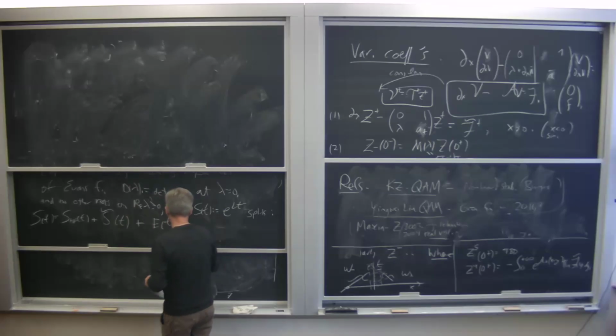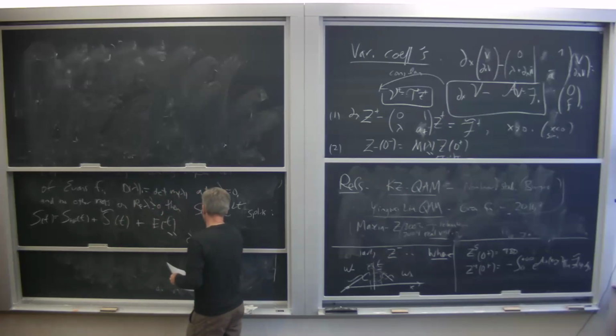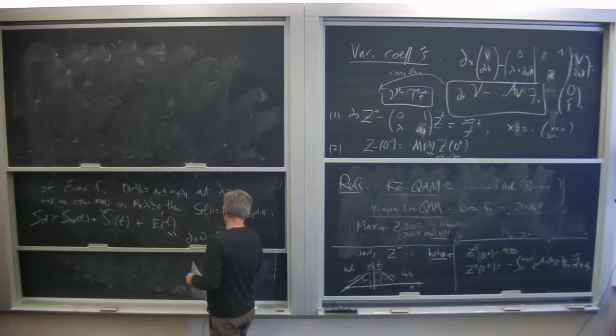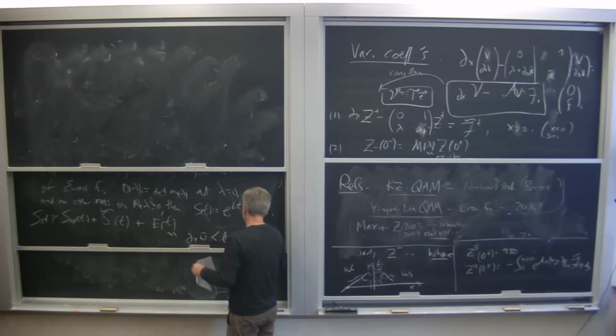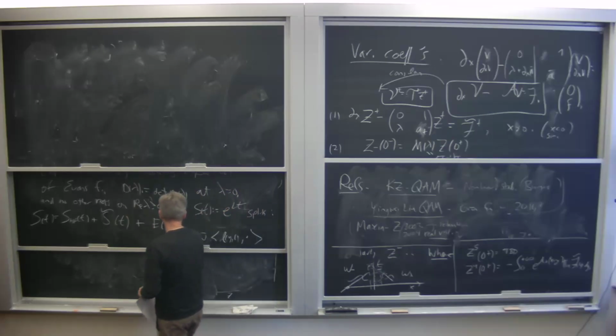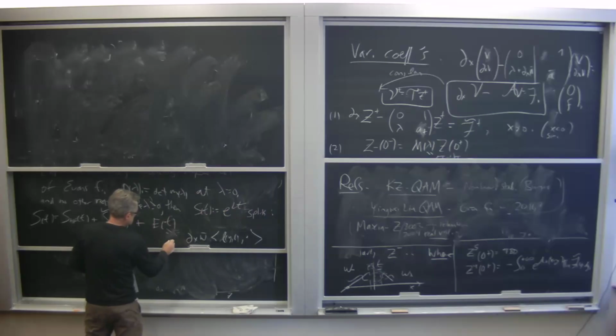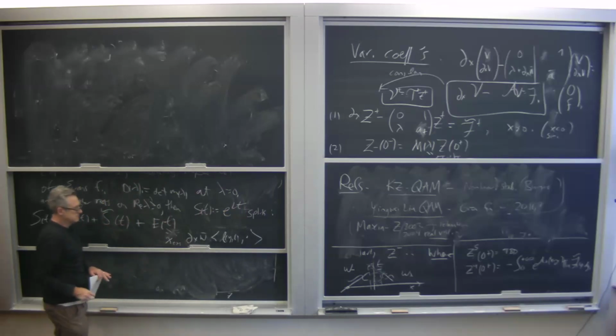And E of t is dx w bar L of y t against, it's a projector, and then times a smooth cutoff for t bigger than or equal to 1.